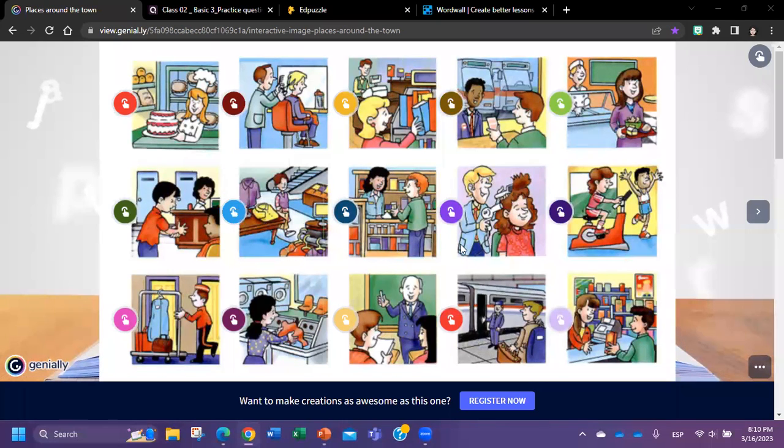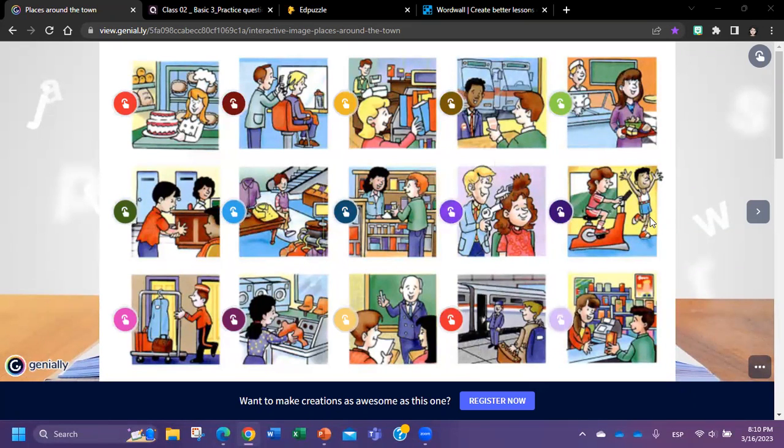Okay. Next one. Drugstore. Excellent. Next one. Now this is for ladies. Beauty salon. This is a beauty salon or a hair salon. You can call it like that as well.